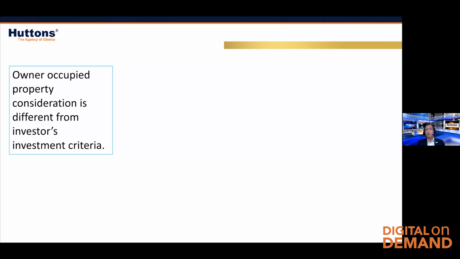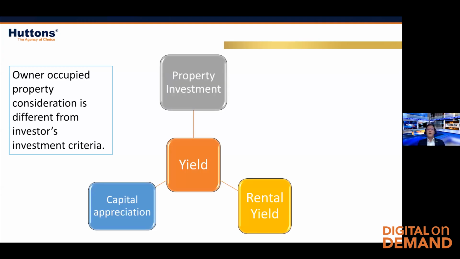For an investor, generally when we invest in a property, what we are looking for is this one word called yield. In a yield, we understand that there will be capital appreciation as well as a rental yield. However, not all properties will give you both.